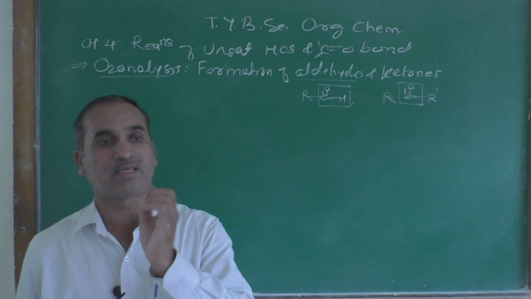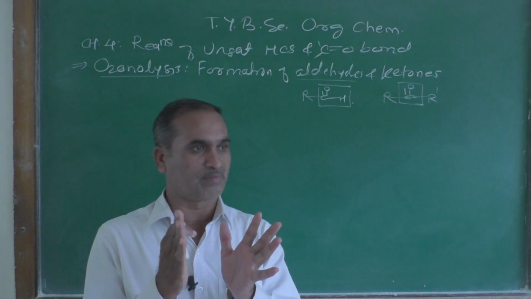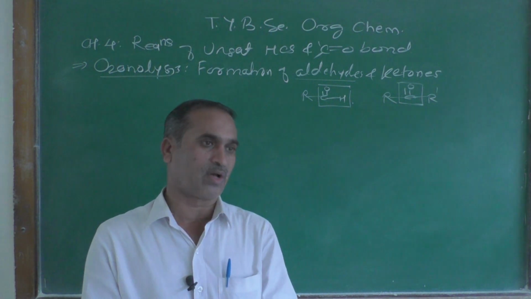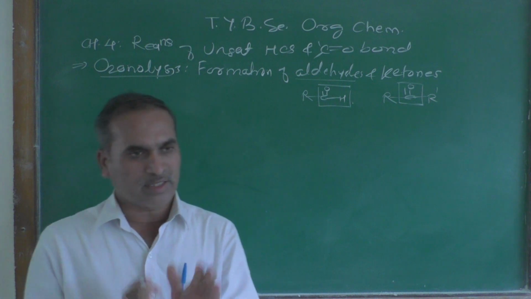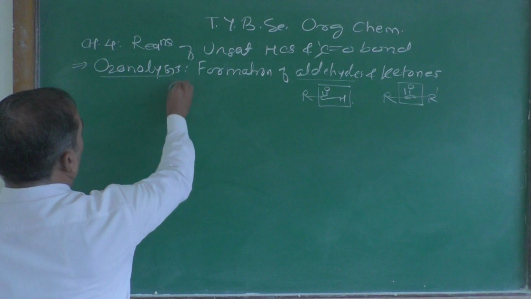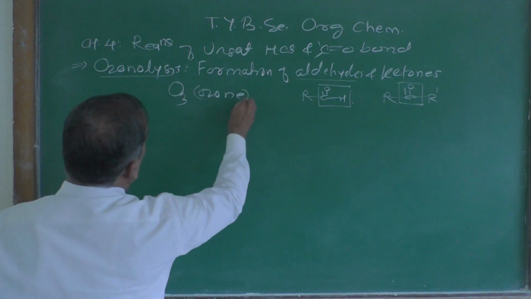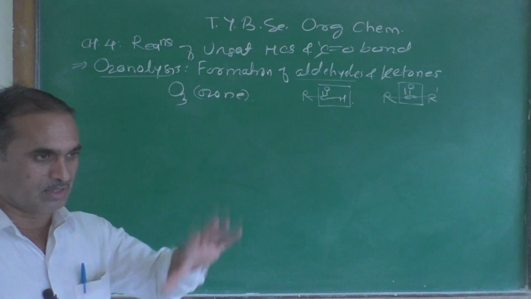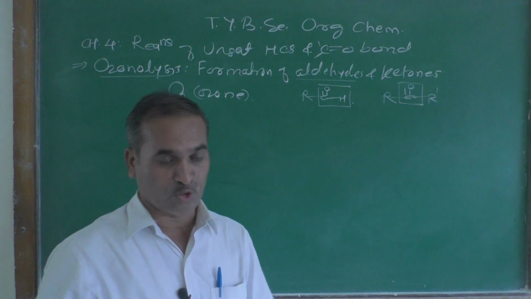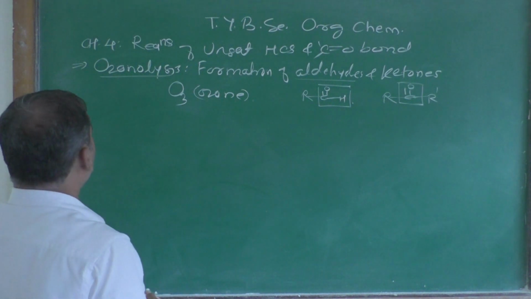This is a classical method for the determination of the structure of an organic compound. Let us see the ozone molecule, O3, its resonating structure, and how it reacts. That we will see first.